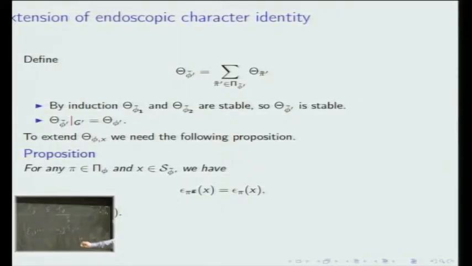So for any X, as we described before, the parameter will factor through a certain endoscopic group for G. And if you just pull back, you may not necessarily end up with an endoscopic group for G tilde, but it will always be a twisted endoscopic group.